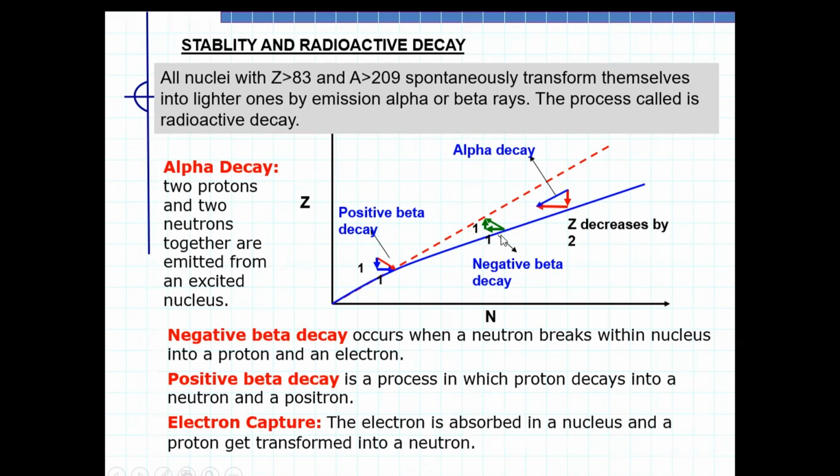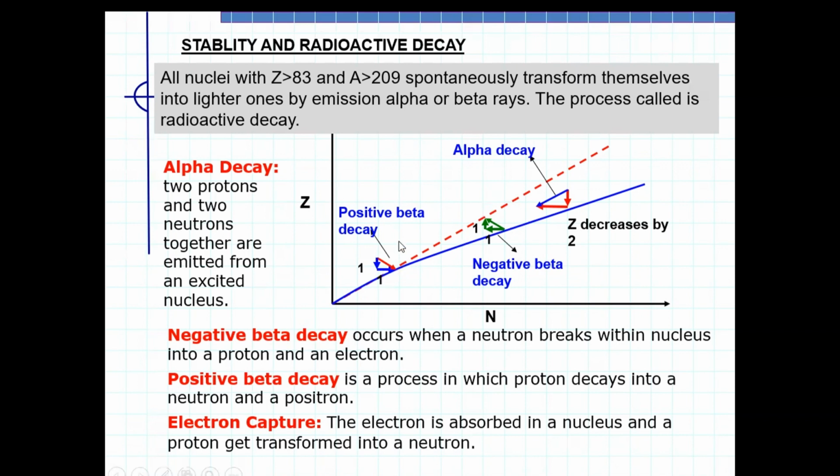For a negative beta decay, neutron number N is getting decreased by 1, but Z is increased by 1, and therefore it is going towards the stability. Similarly, here the positive beta decay, the Z is decreased by 1, but the neutron number is increased by 1. And therefore, it is approaching this curve, the stability curve.